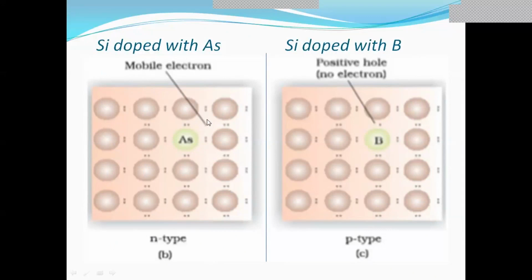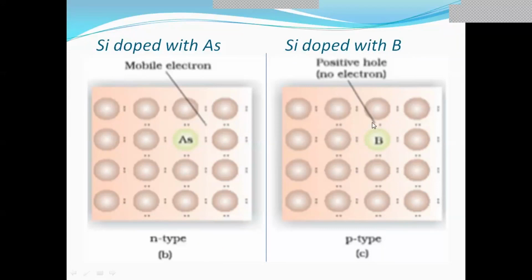So in n-type semiconductors, the 5th electron of the 15th group element is set free to move throughout the crystal. Therefore, electric conductivity is enhanced. On the right hand side, you can see silicon doped with boron, where a boron atom is present in the place of silicon, and it is leaving an electron hole.